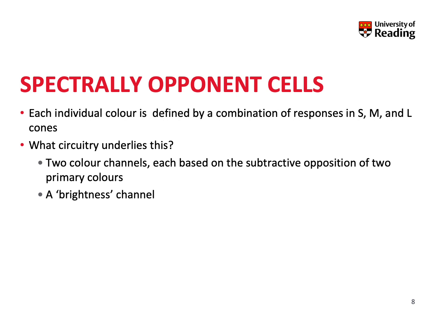But that implies that the brain has got some circuitry to compare the level of response in, for example, the M cone with the current level of response in one of the other cone types. And that circuitry has been quite extensively investigated. And so we're going to take a look at it in the next section of the lecture.